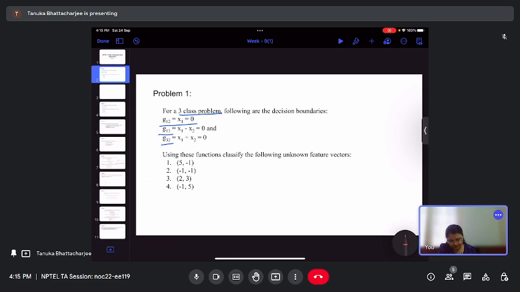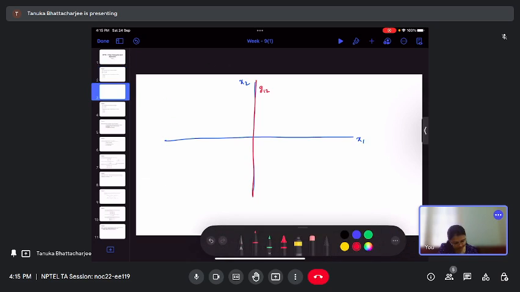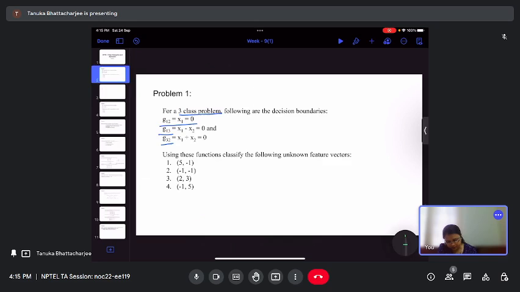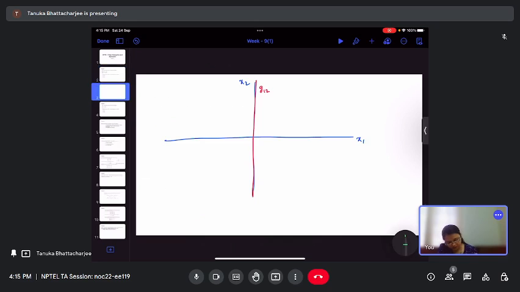The next one is G13, which is x1 minus x2 equal to 0. So this is the straight line passing through the origin with a slope of 1. This is G13.